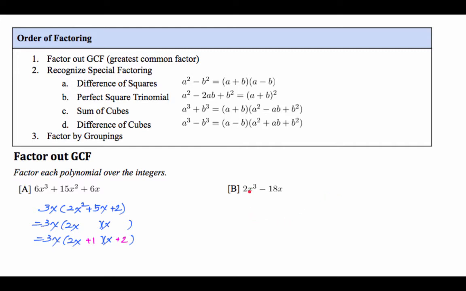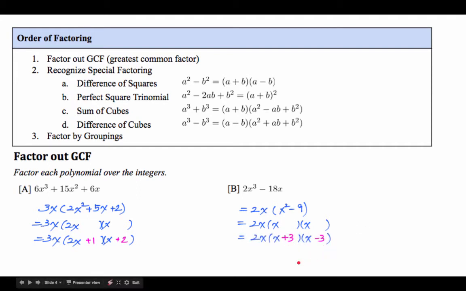Here, my GCF: between 2 and 18, we have 2 in common. And then x cubed and x has x in common. So it's 2x. When you factor that out, you get x squared minus 9. And for this one, it's x and x. What multiplies to 9? Either 1 and 9 or 3 and 3. As it turns out, 3 and 3 works great, with opposite signs, and the middle term cancels, right?